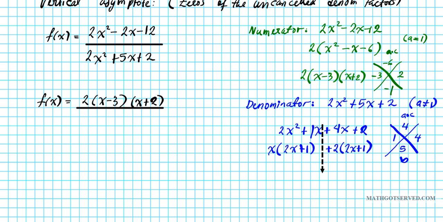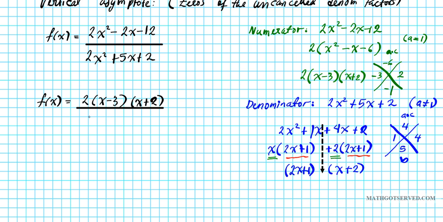So we're going to factor out these two quantities, 2x plus 1 and 2x plus 1. When you factor out 2x plus 1, you are left with x plus 2. And that's the factored state of the denominator polynomial.